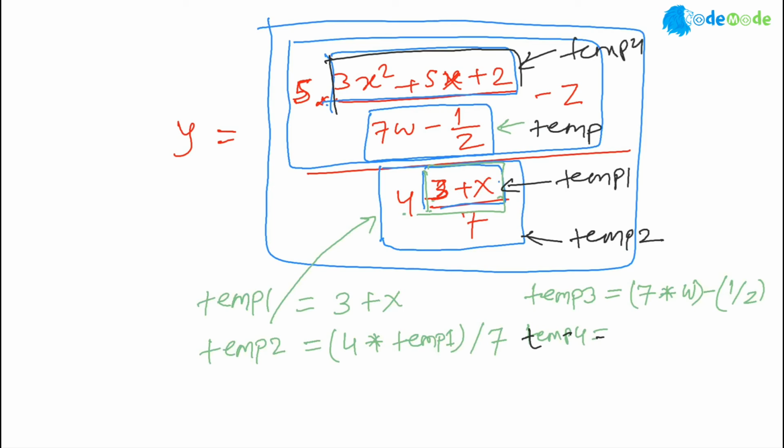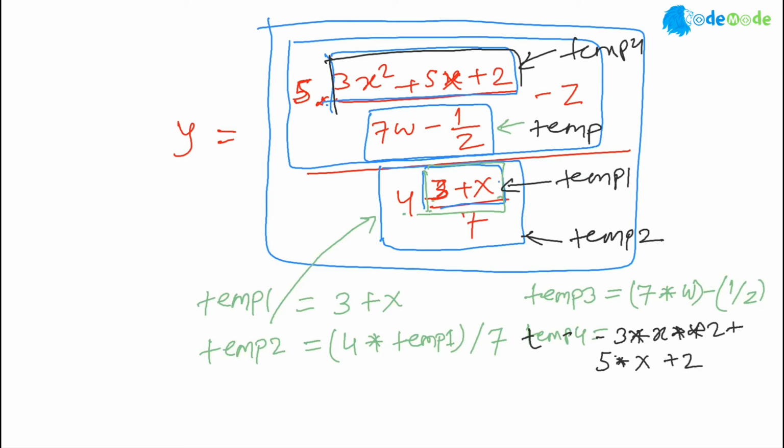So assuming this is how you will convert temp4, temp4 will be 3x power 2 plus 5 multiplied by x plus 2. So I got temp4.